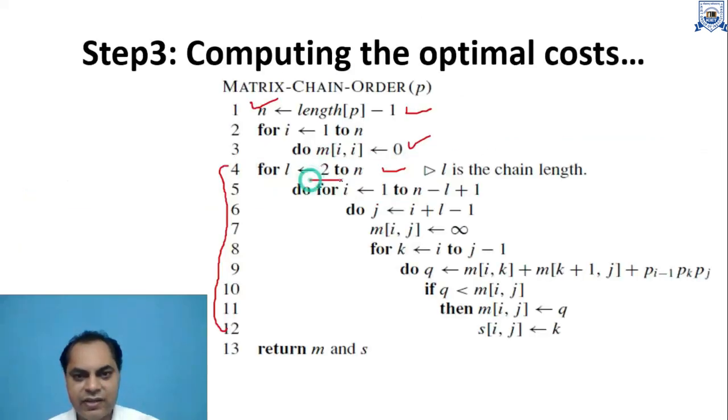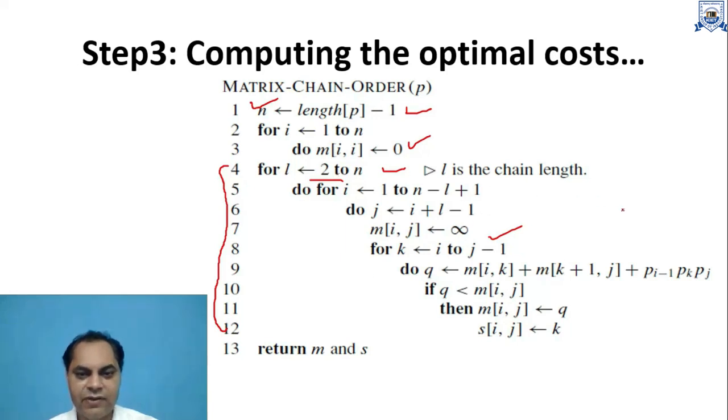So when the length is 2, it finds the number of scalar multiplications, and after that, in the next loop, when the value of L becomes 3, it finds the solutions for length 3 by varying the values of k, and so on.